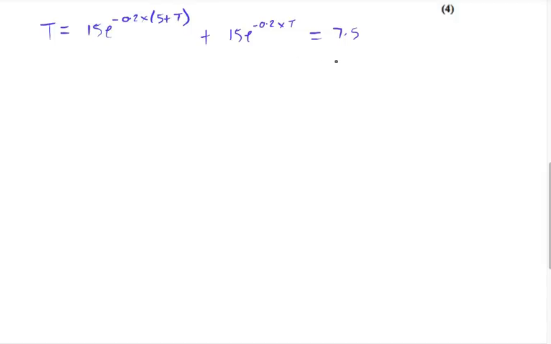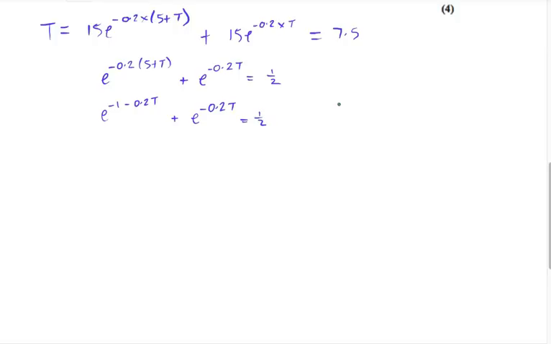So we can divide both sides by 15 to get e to the minus 0.2 times 5 plus t, plus e to the minus 0.2 times t equals a half. Expanding out the brackets, minus 0.2 times 5 is minus 1, and minus 0.2 times t is minus 0.2t.